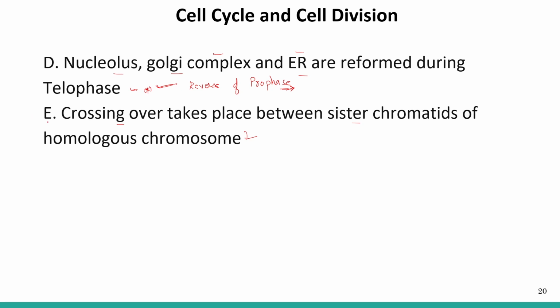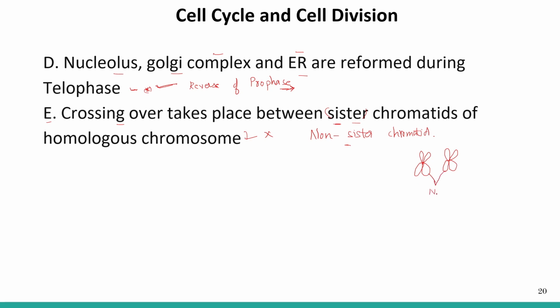Now, coming to the last option, crossing over takes place between sister chromatid, it is saying. And this is also not true because crossing over always takes place between non-sister chromatid. So if this is a pair of homologous chromosome, crossing over takes place between these two.